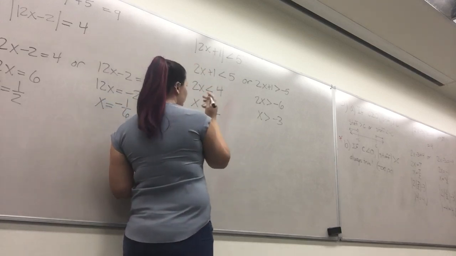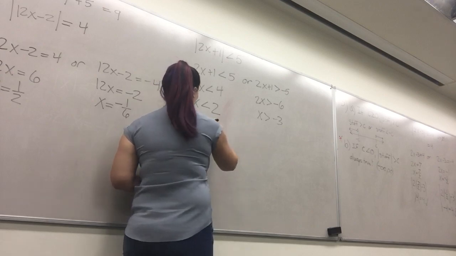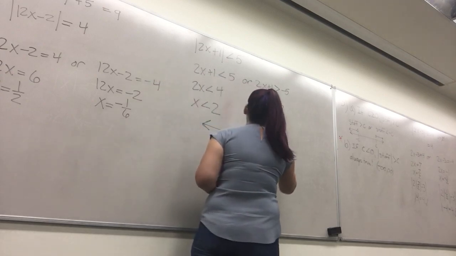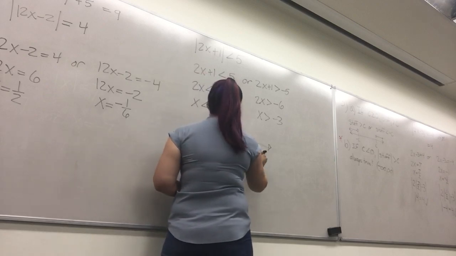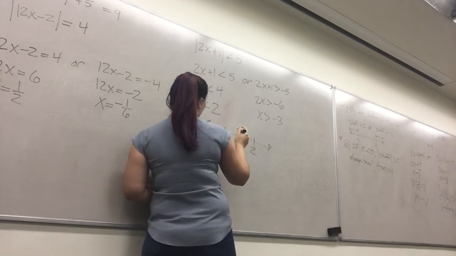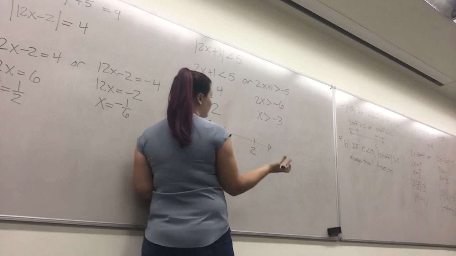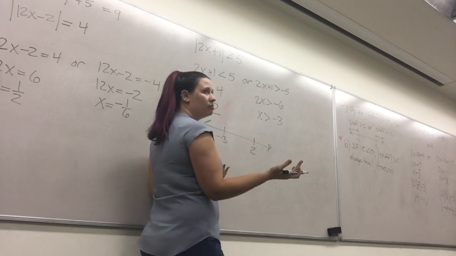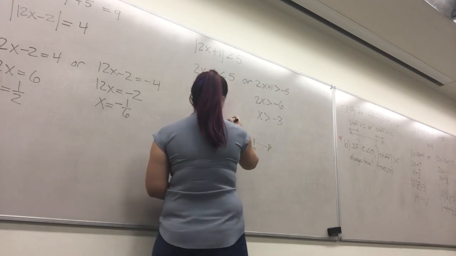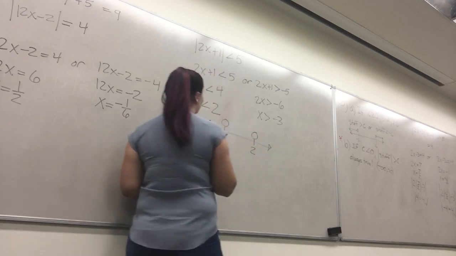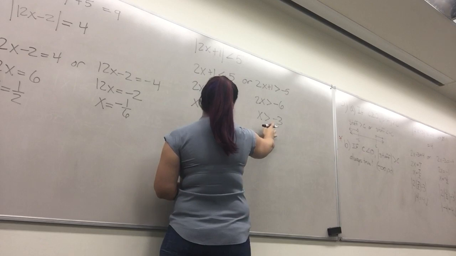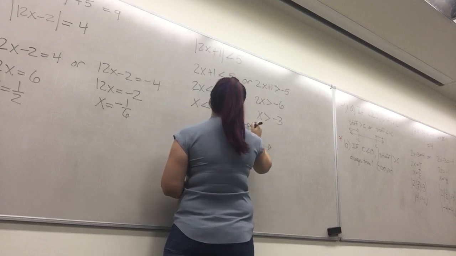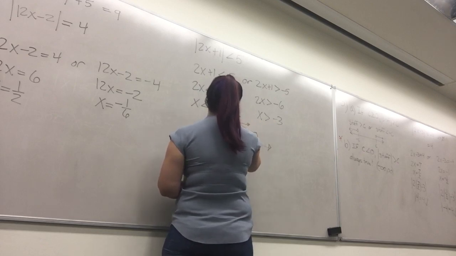Let's do them separate even if we want to. Okay, so we have -3 and 2. So, we have what types of circles? Open. And then this is less than, this is greater than, right? So technically it'd be like this and like this.